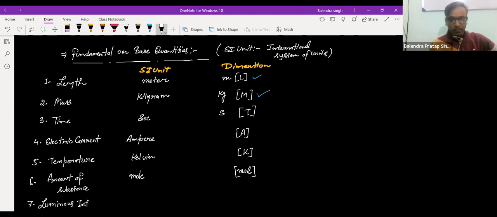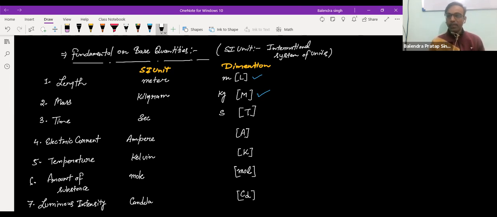So what is luminous intensity? Using this luminous intensity, we basically measure the brightness of any object. Its SI unit is candela, and we represent it dimensionally by CD.